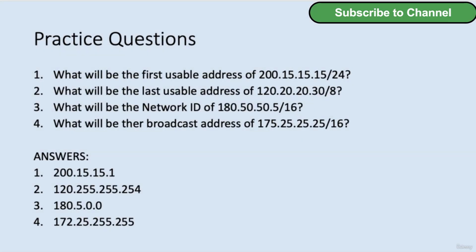Now we will solve some practice problems. The first one is: what will be the first usable address of 200.15.15.15/24? So, first question I am answering. By the way, what is the class of this IP address? It's a class C IP address, because if I see the first octet, it is class C. Since it is a class C address, the network bits will be 24.